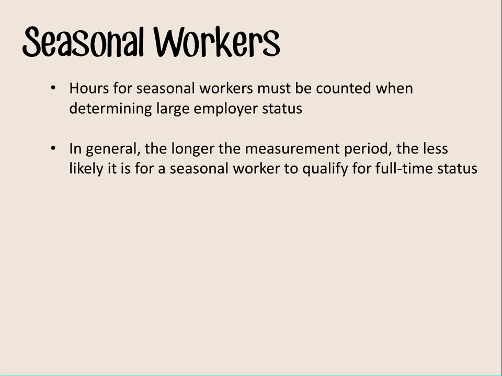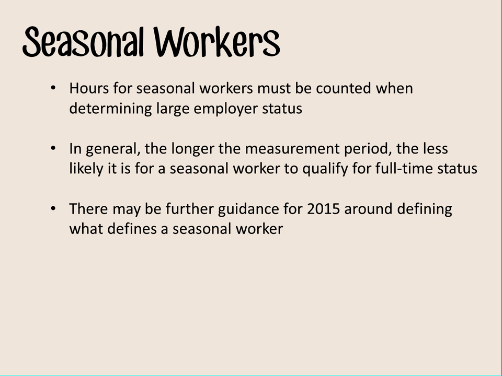So, for example, if I run a landscaping company in the Midwest that has its peak season between, let's say, May and August, if my measurement period is a full 12 months, unless all hours worked over that 12-month period equal 30 hours or more per week, that employee would not generally be considered full-time. So, in essence, you'd be taking 5 months worth of work, spreading it out over 12 months in the measurement period, and you can see where in many cases it would be difficult for a seasonal worker to qualify for full-time status in that case.